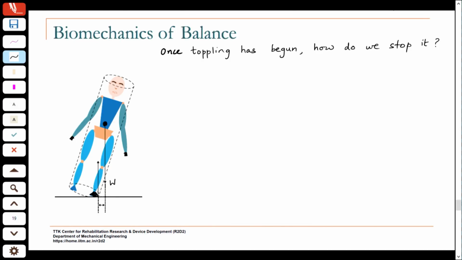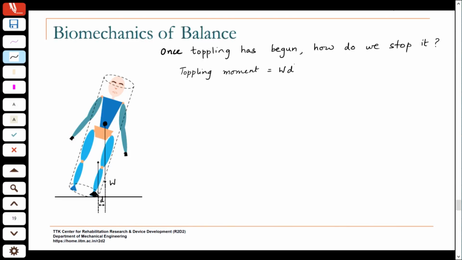Okay. And if you look at the perpendicular distance from the edge of the foot, let us say that is d, then the toppling moment is essentially W into d, okay, at a particular instant.